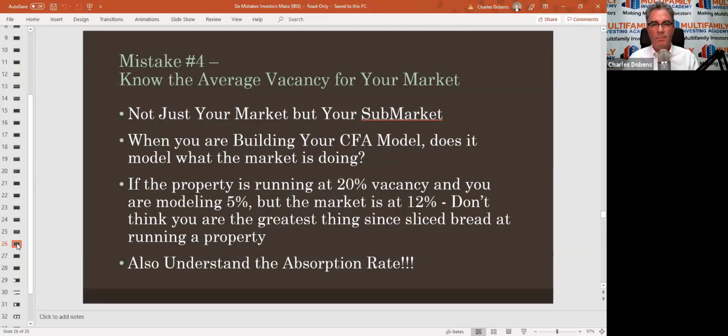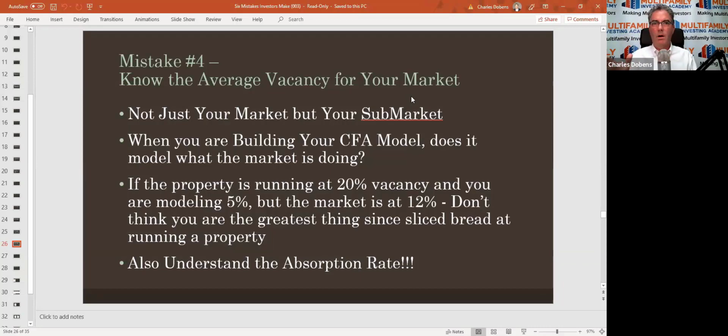That's a beautiful thing about this business: all of these concepts and numbers are so logical. The absorption rate takes into consideration how quickly a multifamily owner can lease up units once they become available.